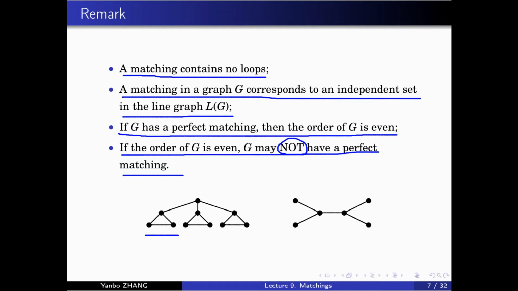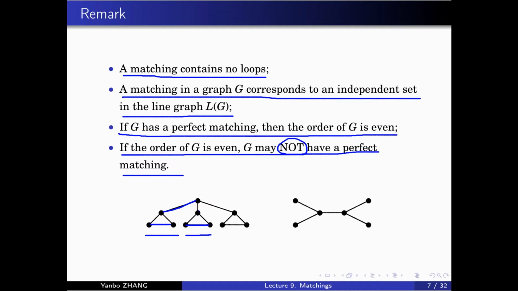every vertex of this triangle. To cover every vertex of this triangle, we need two edges. This edge and this edge must be in the perfect matching. For the same reason, to cover every vertex of the second triangle, we need two edges.